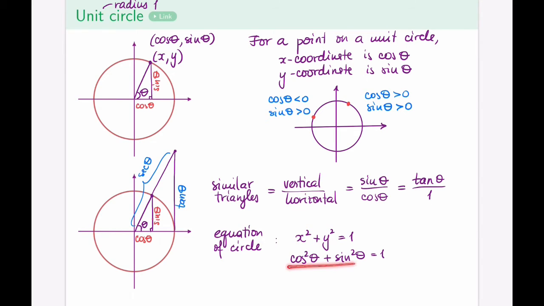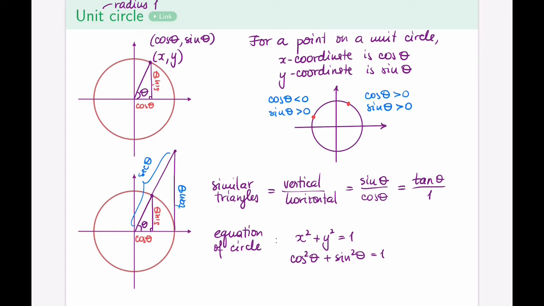The other thing I can do to the basic trigonometric identity is, for example, divide everything by sine squared theta, or divide everything by cosine squared theta, which will give me a relationship between tangent and secant, or cotangent and cosecant. Try that to see how that works out.